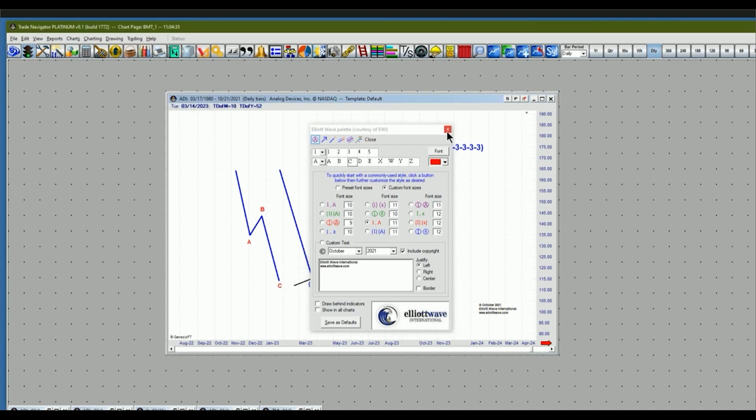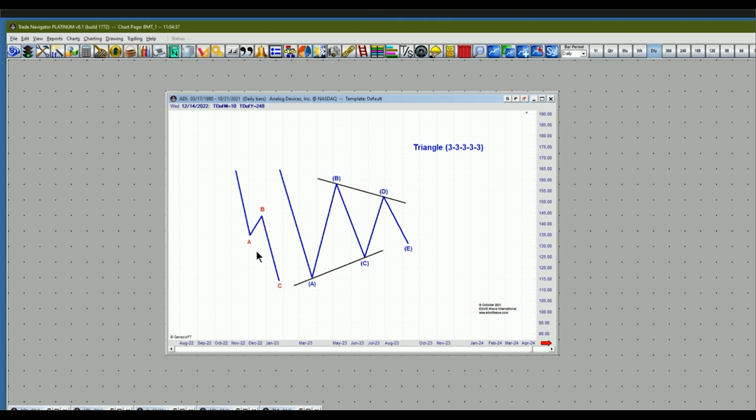Now, the variation you could throw on top of this would be a double zigzag, in which case this would be W, X, and Y. Within a triangle, you cannot have one of the primary waves subdivide into a flat correction.